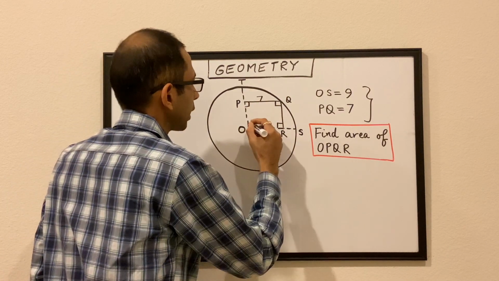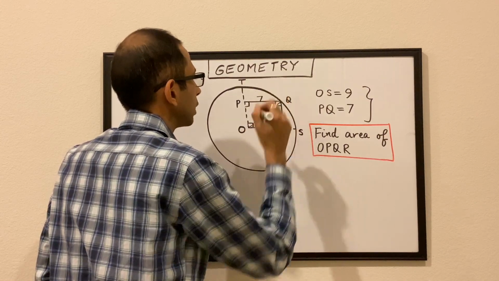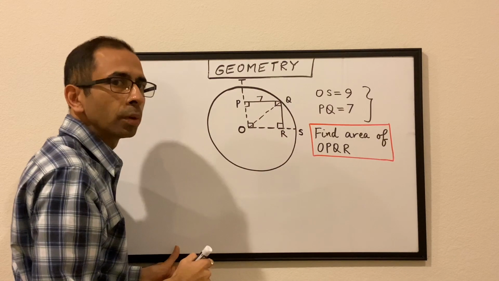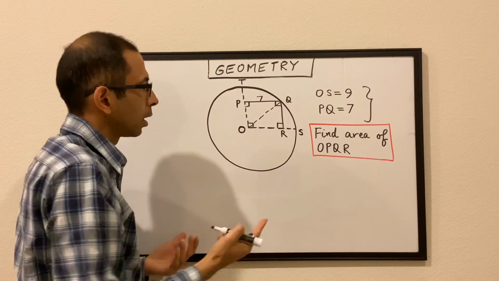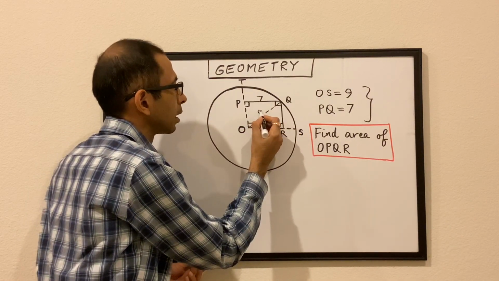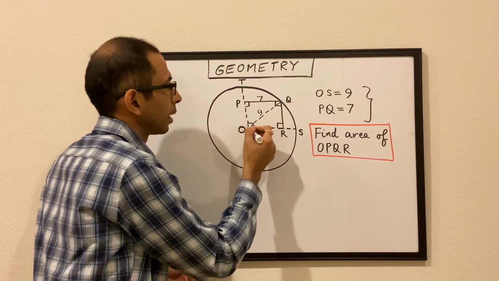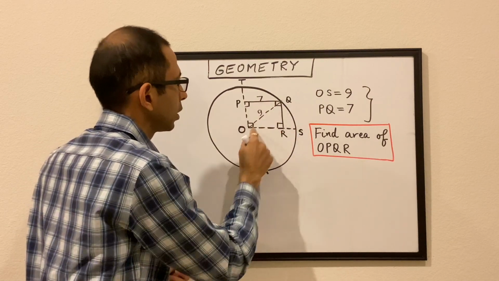So what we can do is that we can draw this radius, basically join the points O and Q. Now if we see OQ is also the radius, right? And the radius is 9, hence OQ is 9, correct? This length is 9, and this is a right angle triangle. So this is 7, so this is also 7.